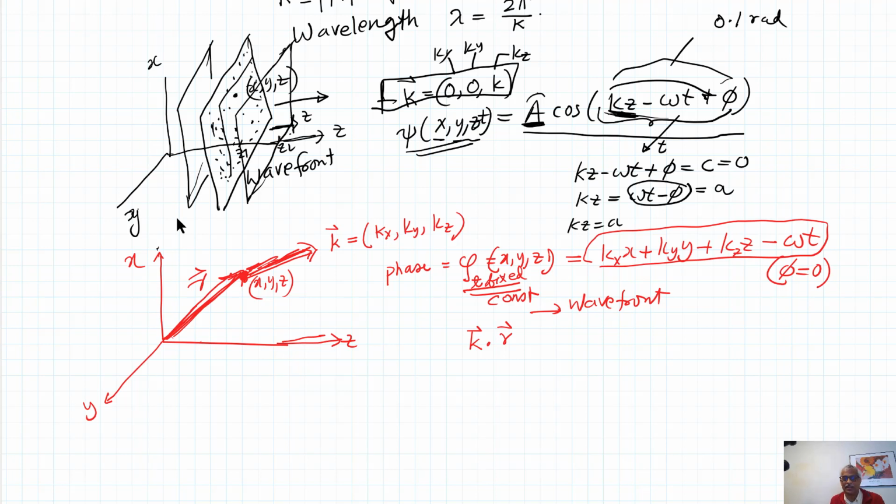So k dot r equals to some, let's call it some constant. This thing, omega t, is constant. What do you think this is? This is the equation of a plane with normal in the k direction, right? Normal direction is same as k direction.